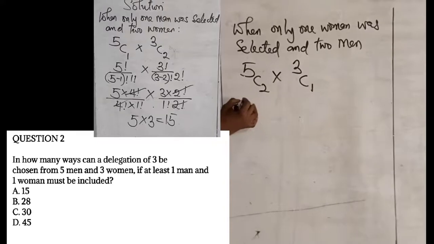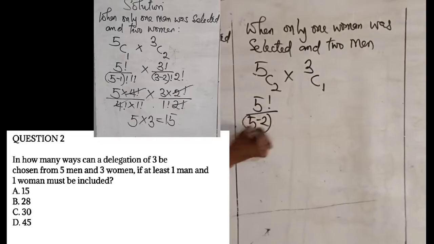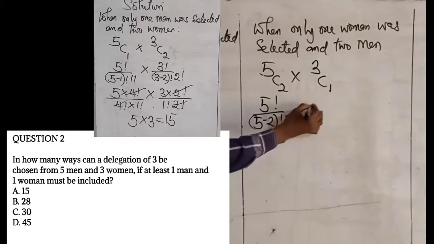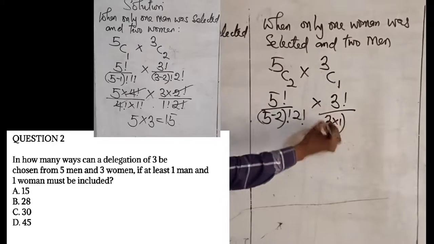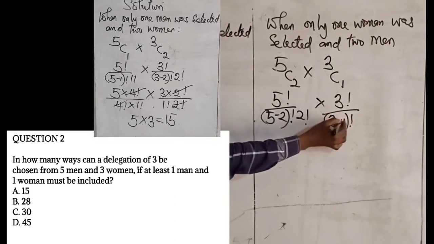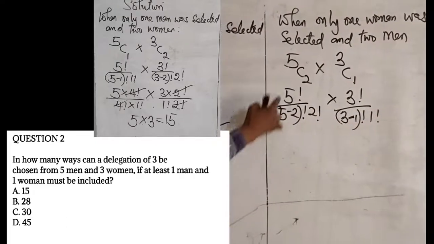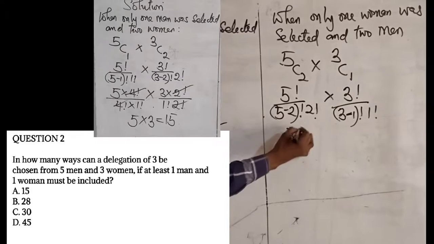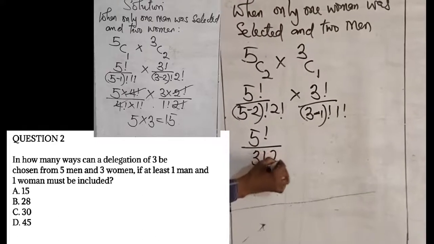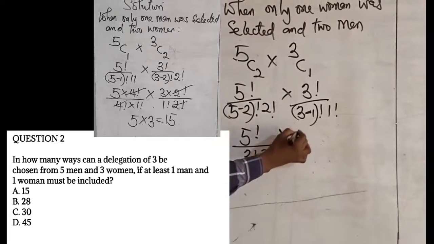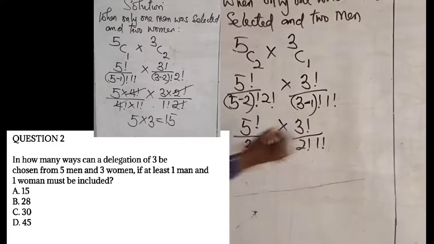So this becomes 5 factorial over 5 minus 2 factorial, 2 factorial, multiplied by 3 factorial over 3 minus 1 factorial, 1 factorial. So this becomes 5 factorial over 3 factorial, 2 factorial, and 3 factorial all over 2 factorial, 1 factorial.